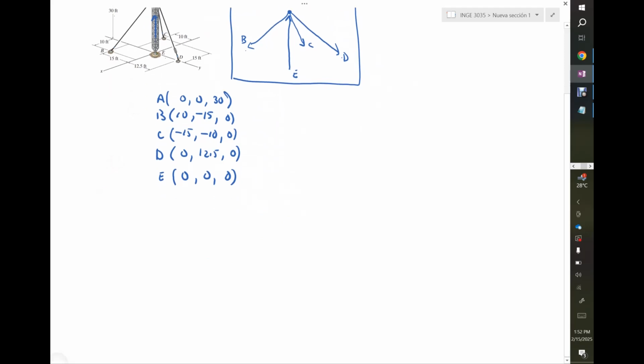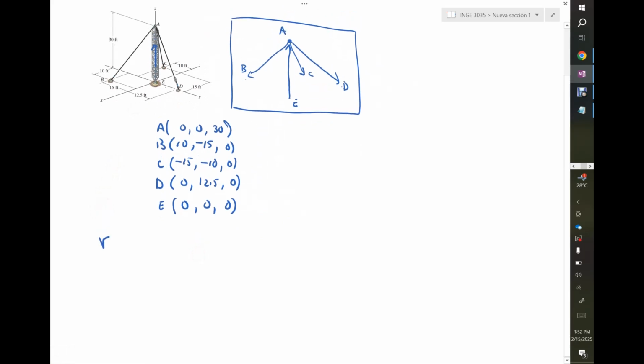Now let's work on our first position vector, let's work with AD. The letter A is where we start and D is where we end, and that's important because when we do the math, we want to be sure we put this right.